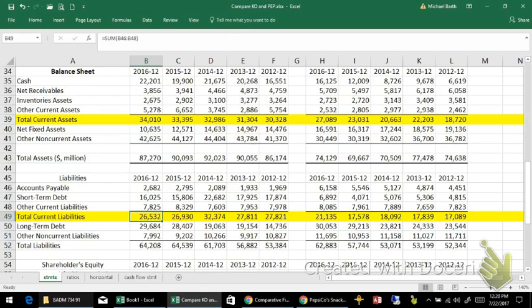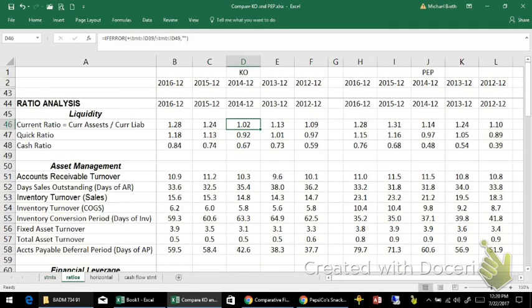That's for Coke. For Pepsi, you have a $8 or $9 billion increase in current assets, the numerator, and only a $4 billion increase in the denominator, which is current liabilities. All right, but still, when you see a change, you go looking for why the change occurred.